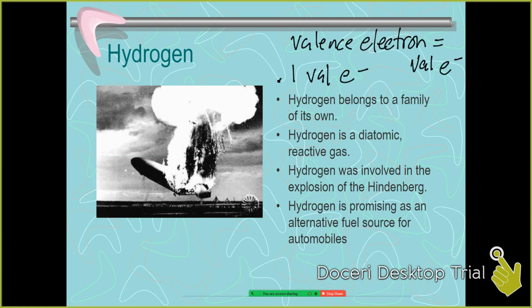It is a diatomic gas. It's very reactive. When the Hindenburg blimp blew up, it was because they had filled it with hydrogen gas. And it's in group 1. It's not a metal, so it's not part of the alkali metals. But we'll find out everything in group 1 has one valence electron, and that's why it's put in that particular group, because of its electron configuration.